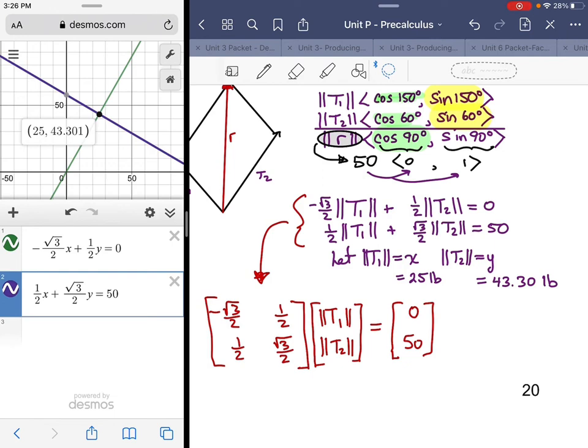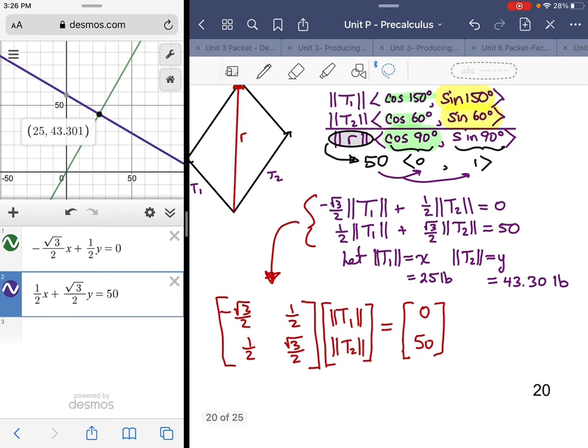So what does this have to do with anything? Excellent question. Well, there's two ways you can go about solving this. One would be by finding the inverse of this matrix and multiplying it by the given vector, in this case 0, 50. The other way would be to create an augmented matrix.